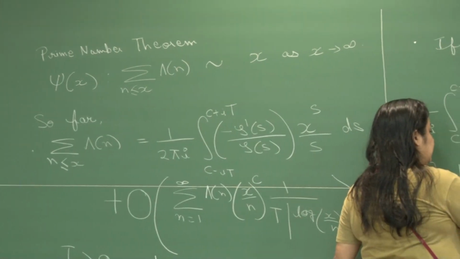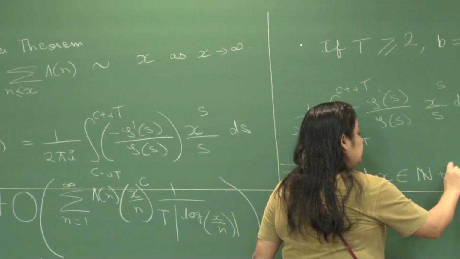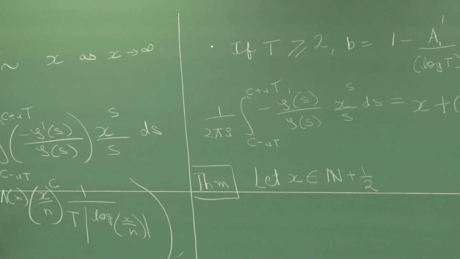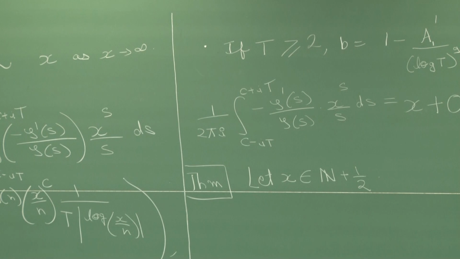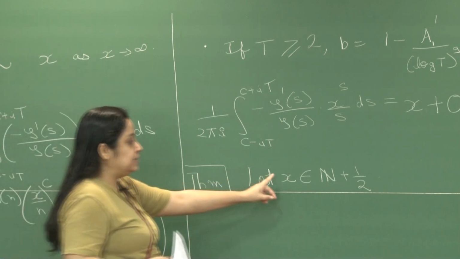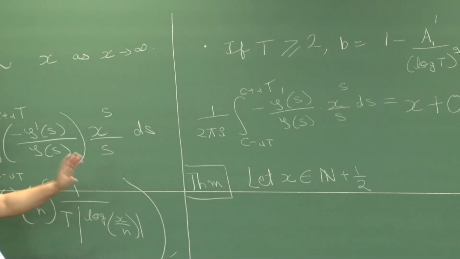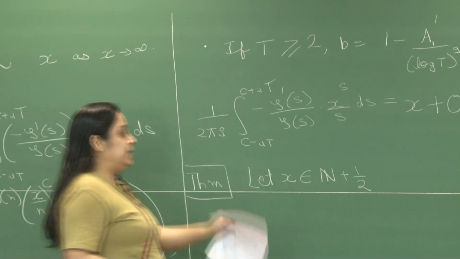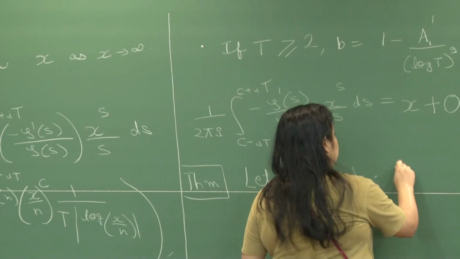Let us take x to be some natural number plus a half, alright, and whatever we prove, whatever asymptotics we get will actually apply to any x, but the method that we are going to use to prove our asymptotics will work better with such choices of x.